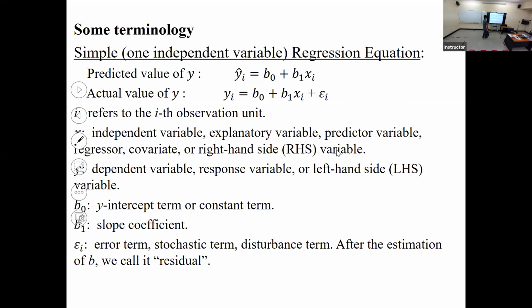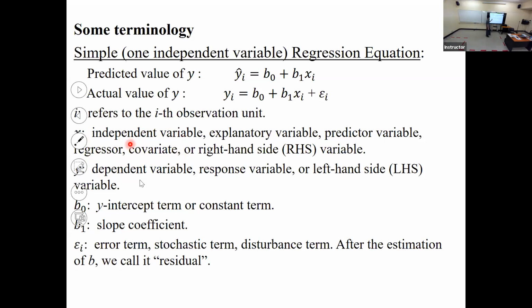So x explains y, x predicts y. Similar meanings, but different terminology. So sometimes we say a predictor variable, or just say predictor. So in this case, we have one predictor. Another terminology, regressor. This is also sometimes used. So now we have one regressor.